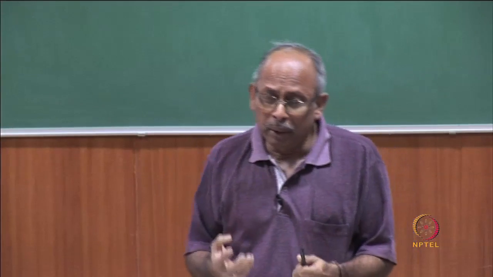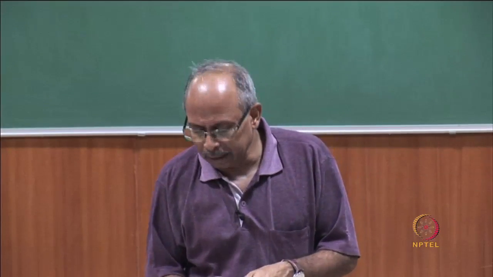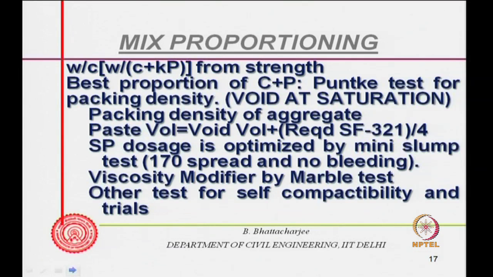Laboratory to laboratory they will select the test, but this is a guideline one can use for mix proportioning in a simple way. Strength gives C plus P, the powder combination from the Puntke test, packing density you check for aggregate, then superplasticizer dosage from the mini slump test, with viscosity modifier application if required from the marble test, and other tests if required.